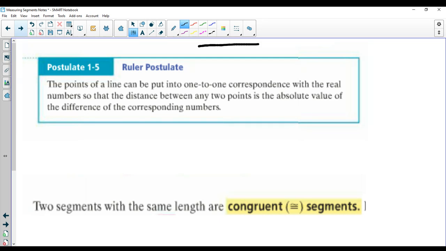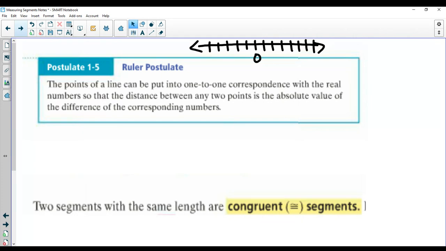Let's say you got a number line here. Here's 0. And you have a point A down here and a point B down here. Let's find out where A is at.